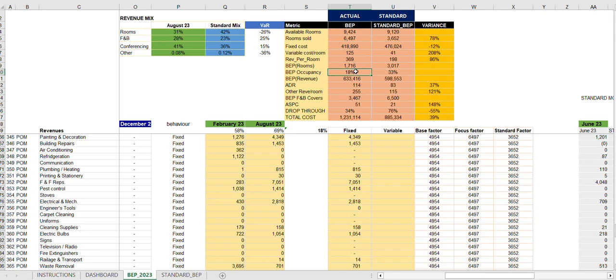Then the occupancy obviously will be break-even rooms here, divided by available rooms for the month. You get your break-even occupancy. Then for the total revenue, you simply multiply your break-even rooms times the revenue per room. So you get your break-even revenue. So this in brief is the break-even model.